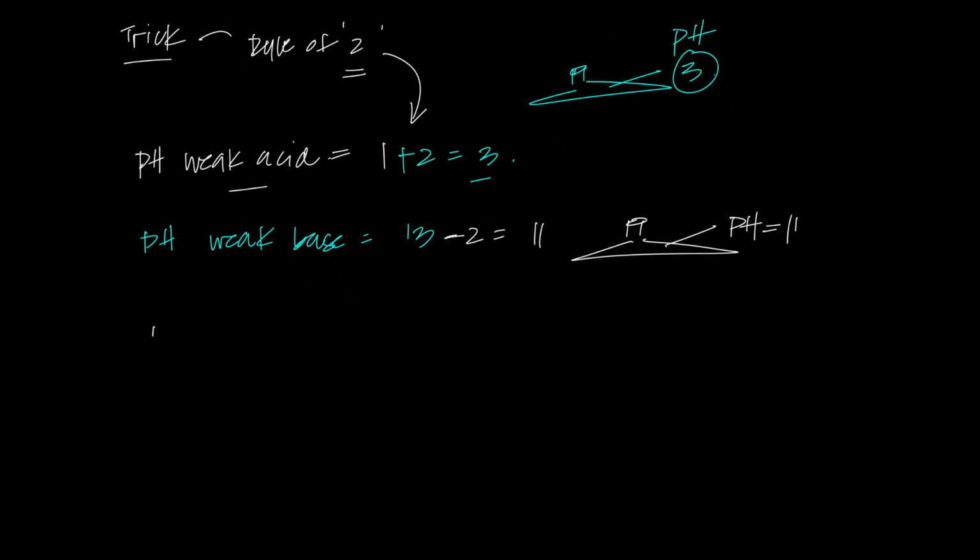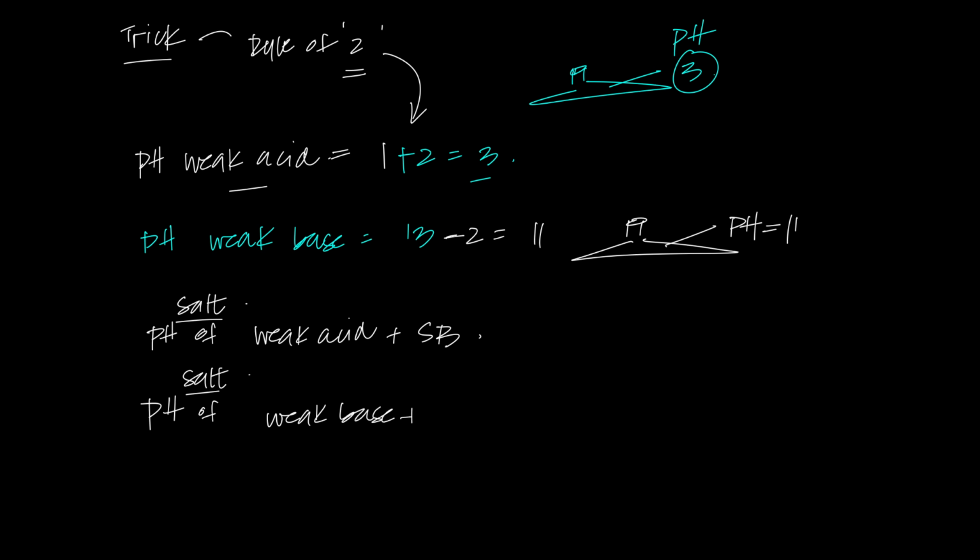If I were to figure out the pH of, let's suppose, a weak acid reacting with a strong base, and the pH of the salt, right? The salt of the weak acid reacting with the strong base, and the salt of a weak base reacting with a strong acid. What would be the pH of them? Effectively, what would be the pH at the equivalence point?